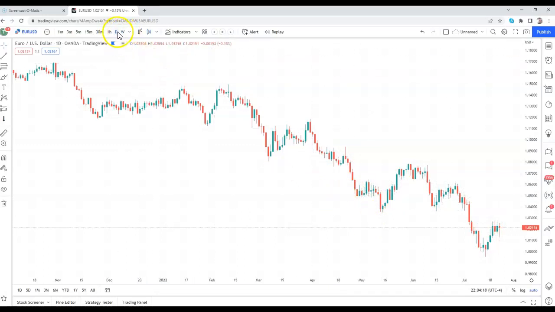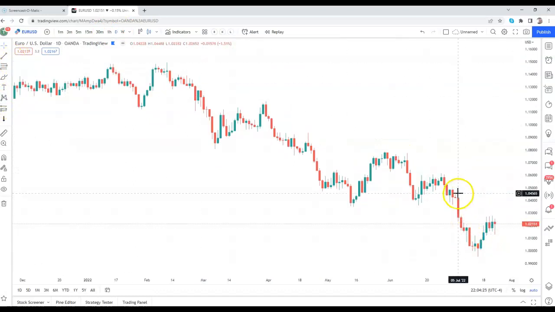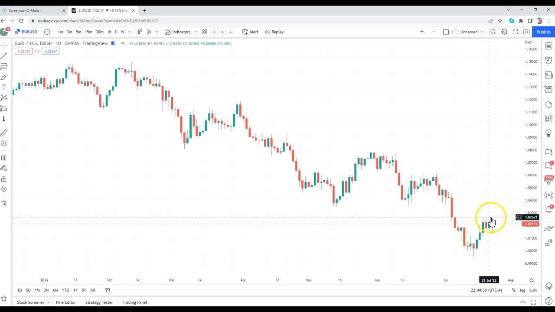If we are viewing the chart on a daily time frame, each candle represents the time frame of the day. So this is 1 day, this is 2 days, this is 3 days, this would be the 4th day. So today's candle would be here.